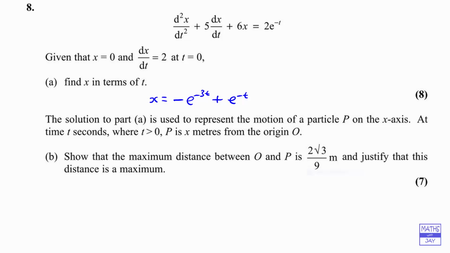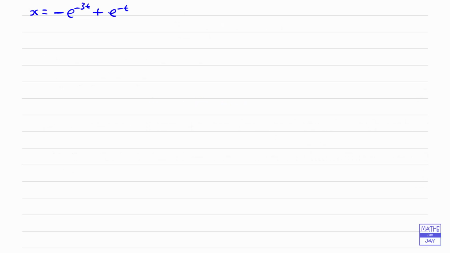Okay, so let's start on a new page. So differentiating, we're going to get minus 3 times minus 1, so 3e to the minus 3t minus e to the minus t.